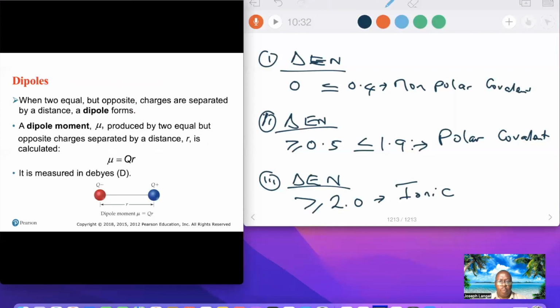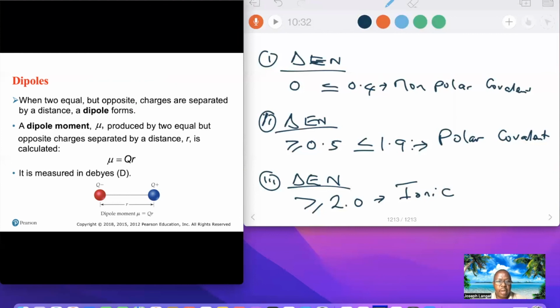Now, dipole moment is a measure of the displacement of electrons, produced by two equal but opposite charges separated by a distance.